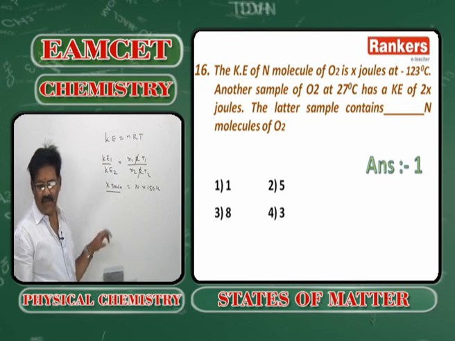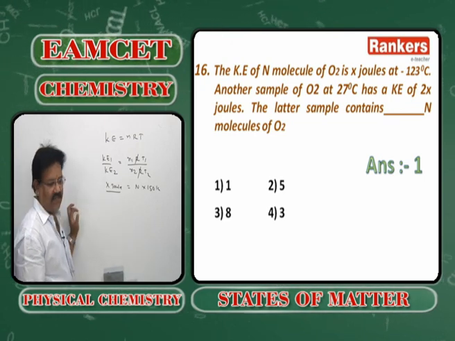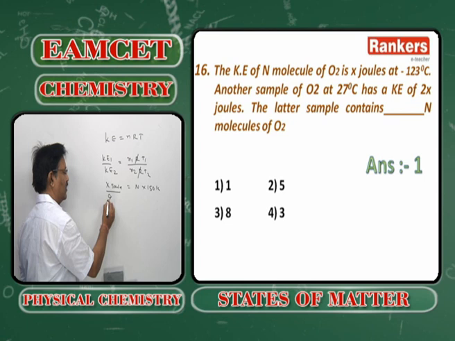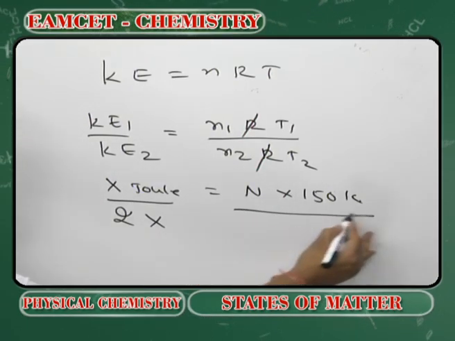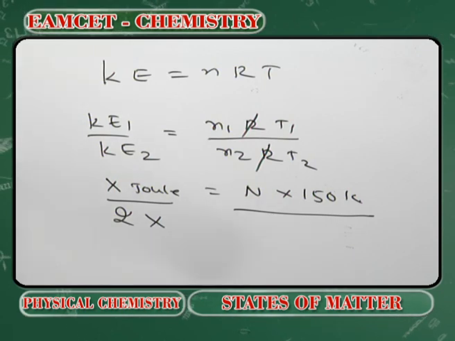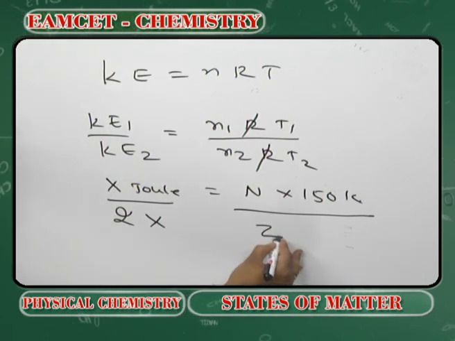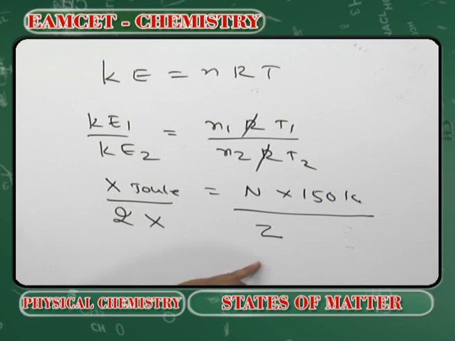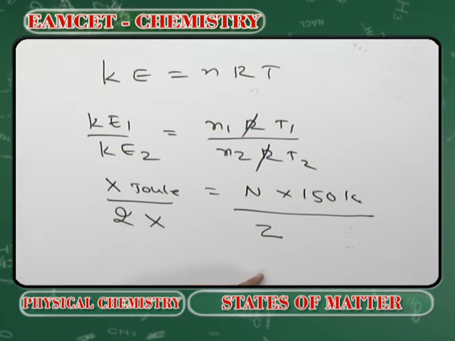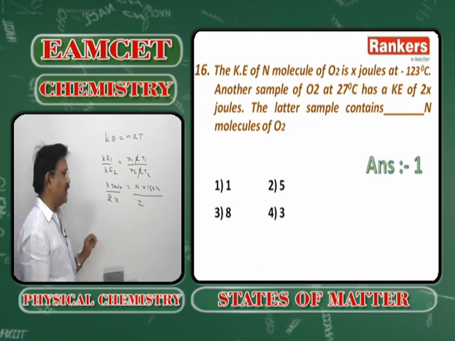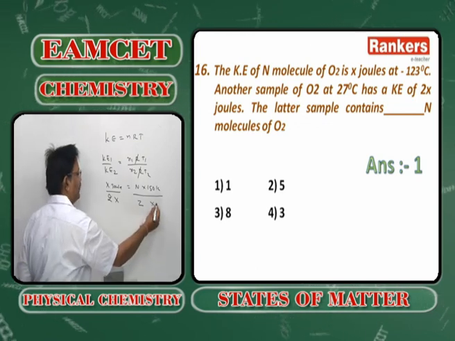What is the KE of the second sample of the gas? 2x. Here let the number of molecules of the second sample of the gas be taken as Z. And what is the temperature in the second condition? 300.